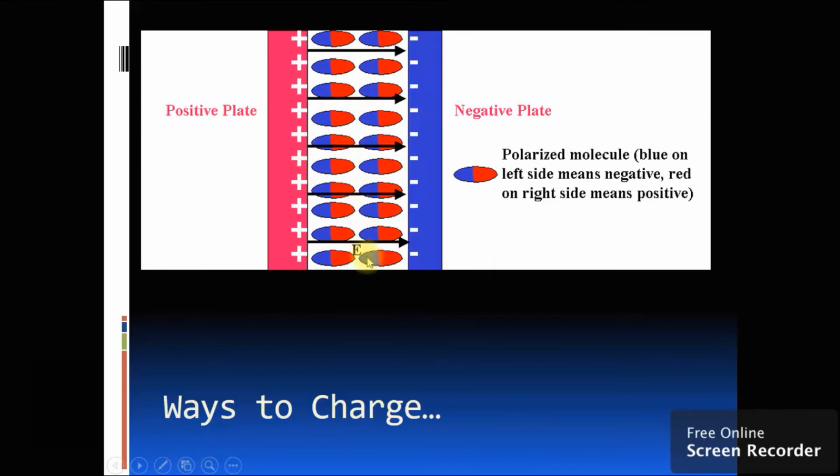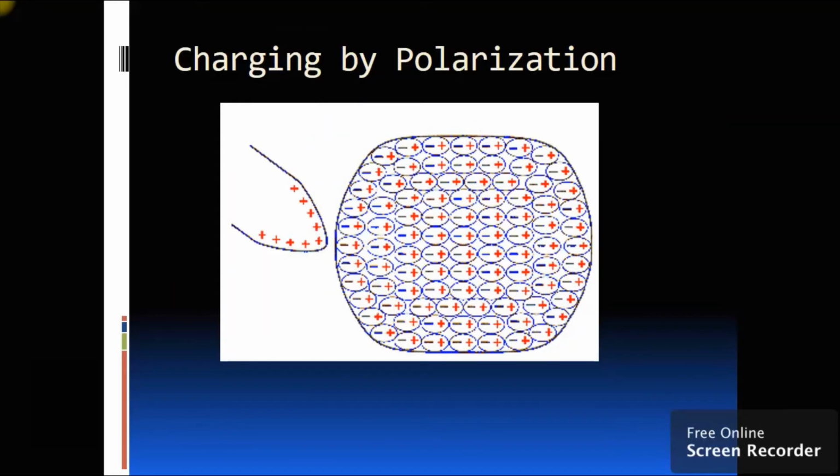And so the positive sides are pulled to the negative and the negative sides are pulled to the positive. So all the molecules in this little material line up. Here's another example. I've got a charged rod with positive charges on it, and this material here, all the molecules stay in position. There's no electrons moving over to this, it's the molecule itself flipping so that the negative side is towards the positive. And you get an attraction there.